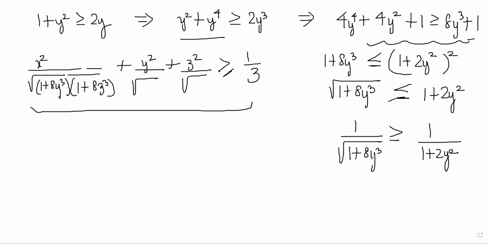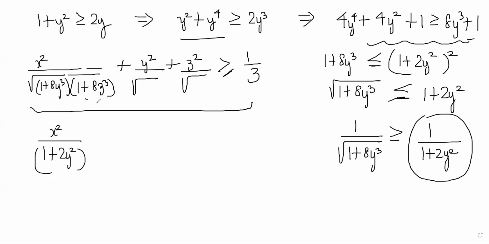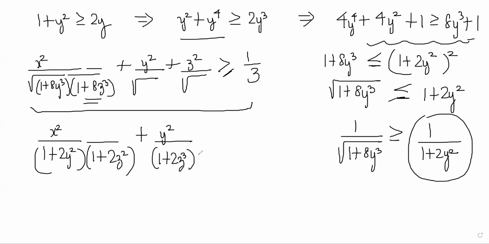We know that 1 by root over 1 plus 8y cube is greater than equal to this. So if we can show that x square by 1 plus 2y square, and similarly for 1 plus 8z cube, we can replace 1 plus 2z square, right? If we can show that the inequality here, every root over 1 plus 8y cube or z cube, we replace with the corresponding terms.